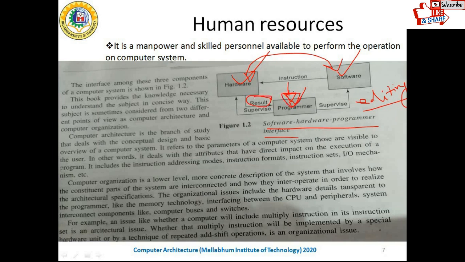Obviously you are the one who provides the instruction on how to run different software with the help of the hardware and the computer system to give the result back to you. So this is the human resource that must be required to perform high level operation out of the computer system. Here two definitions are also written, what you mean by computer architecture and what you mean by computer organization. I have already discussed that.